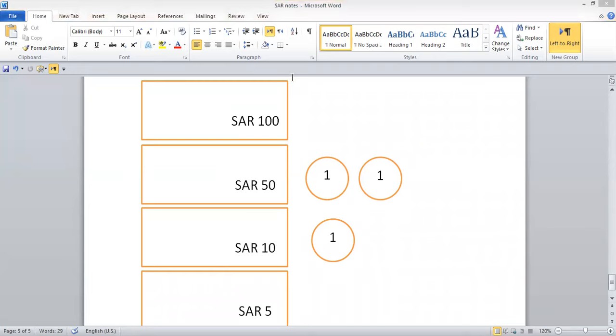Is there any problem, guys? Oh no! No! So can you tell me how much money Uncle Tom has right now, if he has these currency notes and coins? 168. Oh, very good. He has 168.